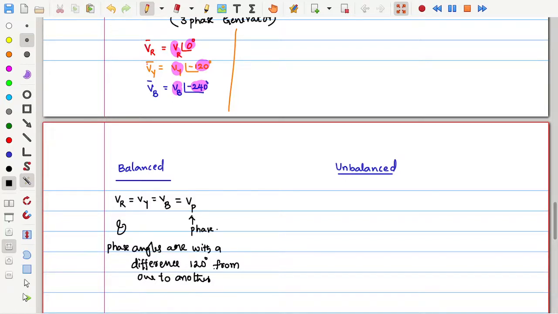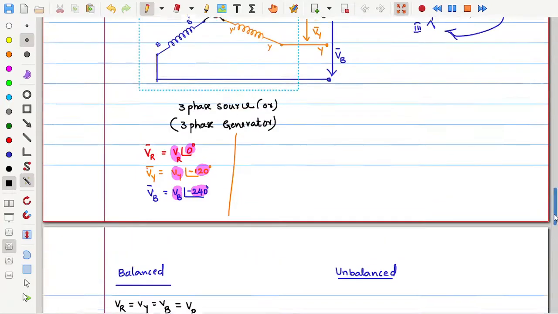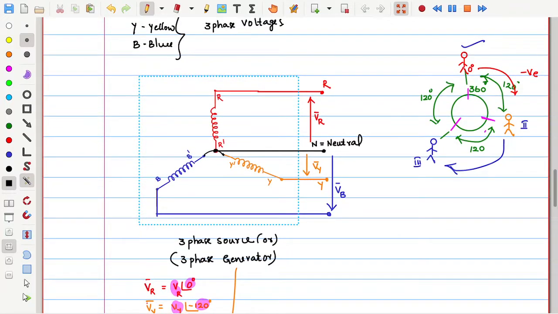For example, if I am the first person like this, if I see my next friend, is he having a 120 degrees difference from me or not? That is fine. The second person is over. Now, if you look from the second person, is the third person having a further 120 degrees from this second person or not? If these two are having 120, 120, obviously the third person with the first person will definitely have 120 degrees.